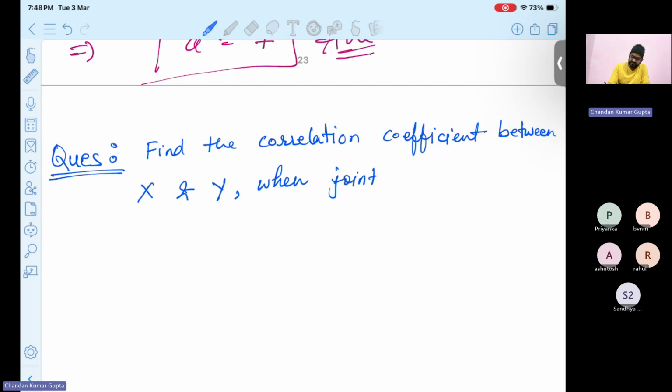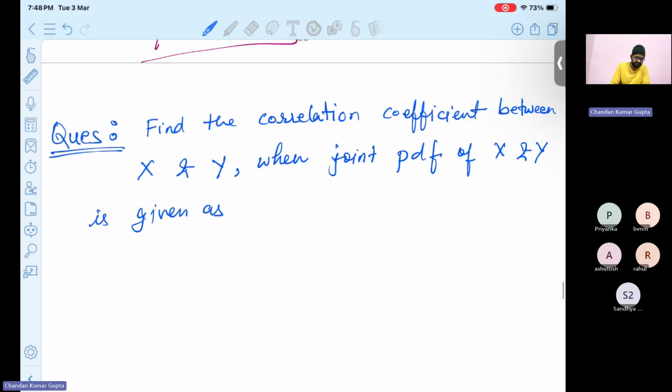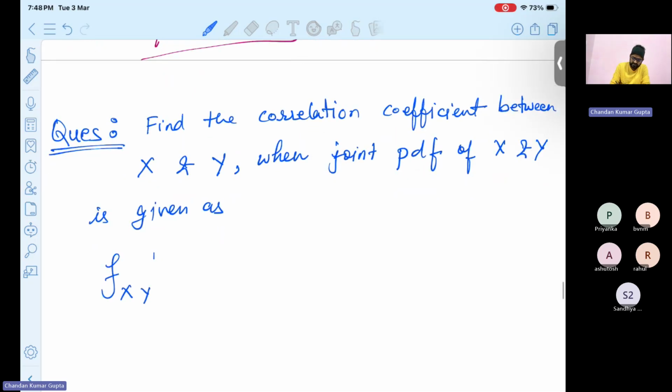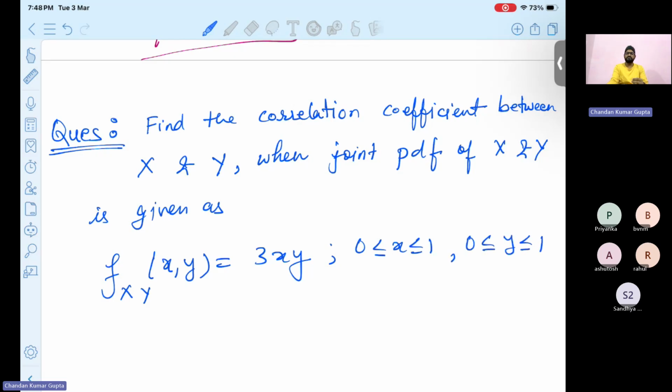The joint probability density function of x and y is given as f of x, y equal to 3xy when x lies between 0 to 1 and y lies between 0 to 1. Okay, so this is the question, a simple question. We are given the joint PDF and we need to find the correlation coefficient.